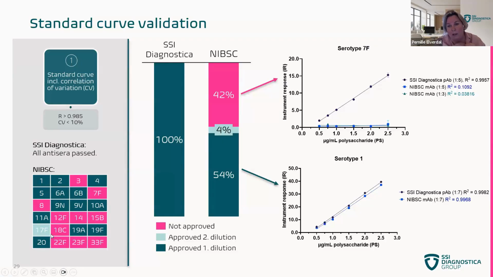That one required a less diluted sample. Of course, we also tested all the other serotypes to see if it was the dilution which was not good enough, if we needed to use it undiluted or more diluted. But these 8 serotypes were not fit for purpose. They could not be used in the rate nephelometry method.